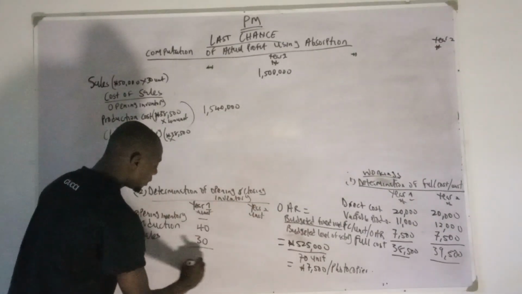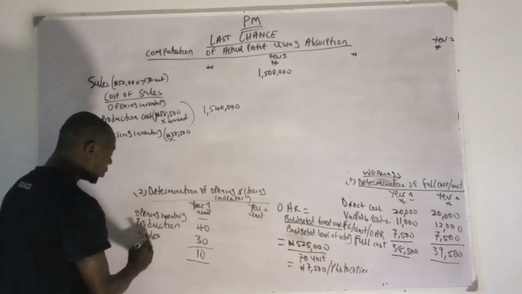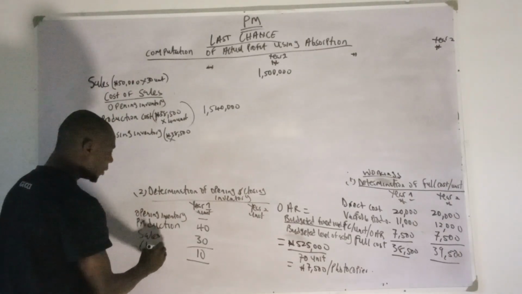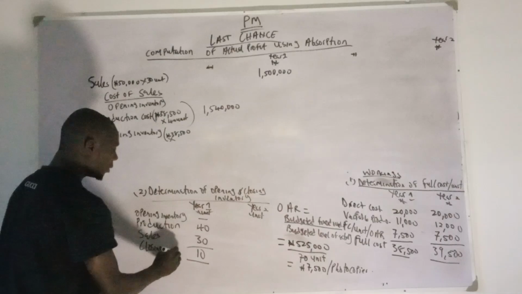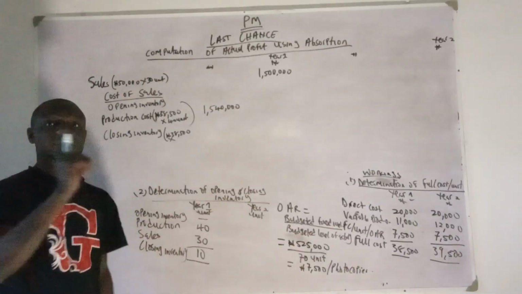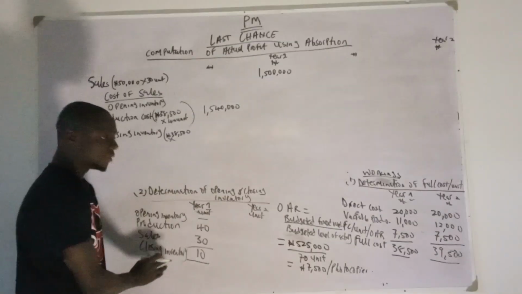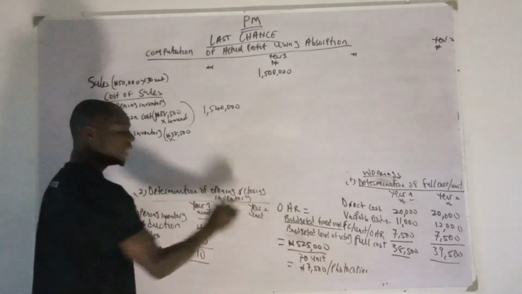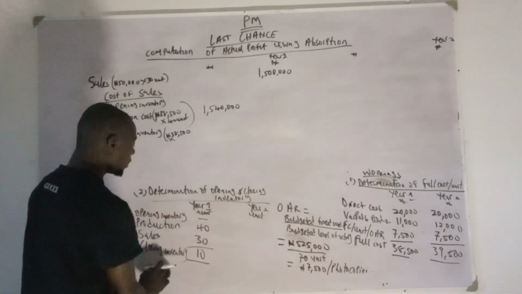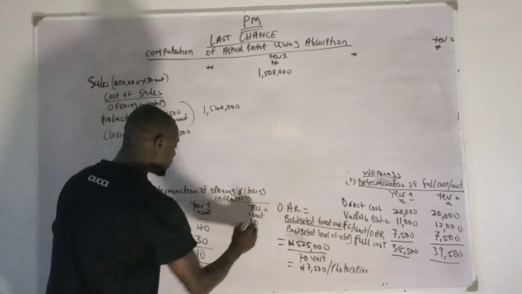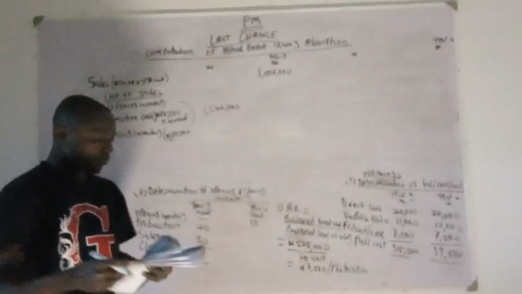What do you have? This is 10. There is closing inventory of 10 units. Don't forget that the closing inventory of this will be opening inventory of year 2, right? So this will be opening.